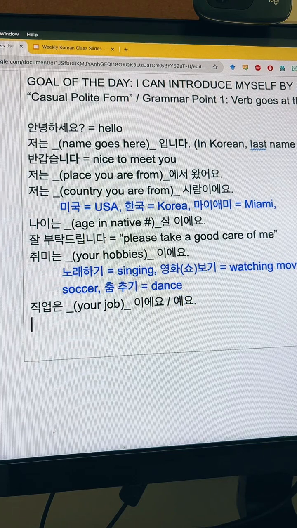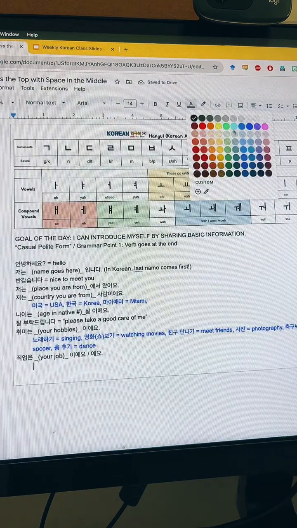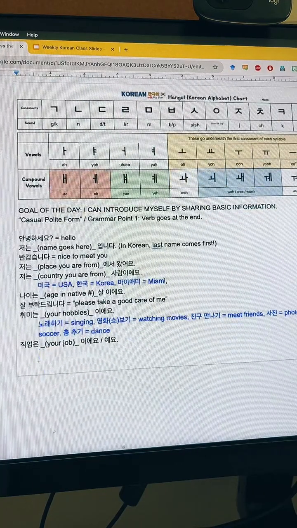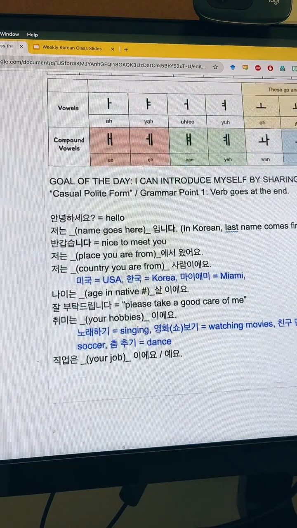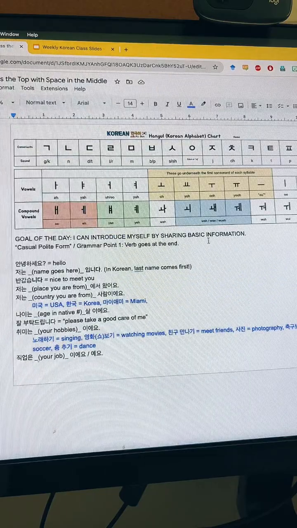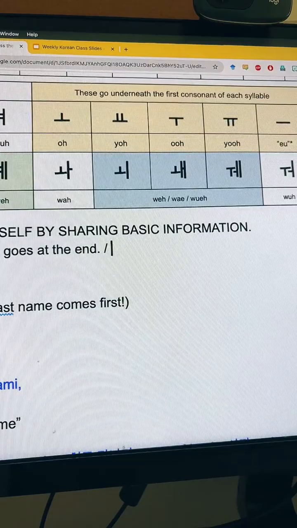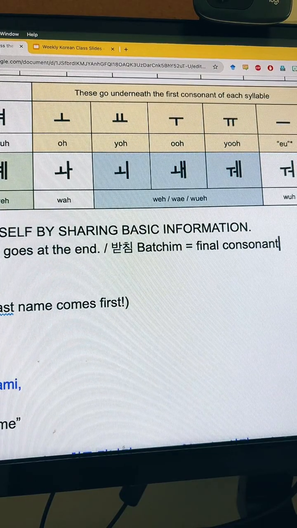Okay? So going back to 직업. What is an occupation that you want to say? I'm going to change it to blue again. 받침 means, I'm going to write it right here. 받침 means final consonant.